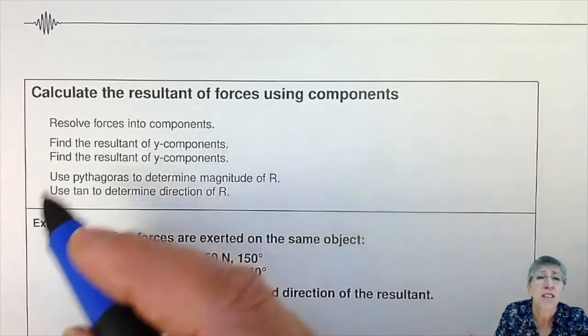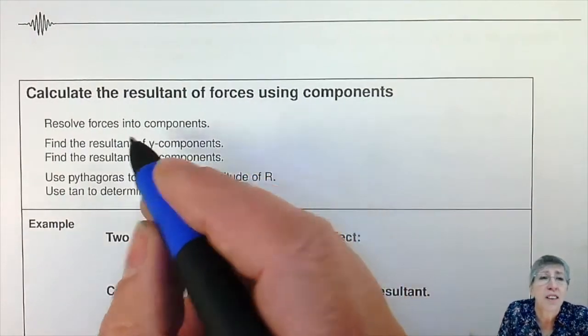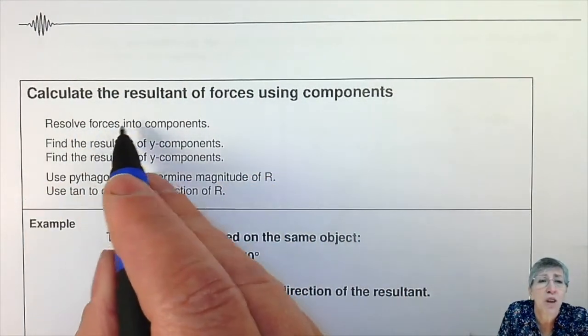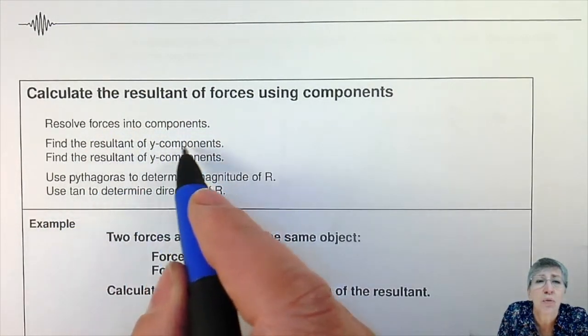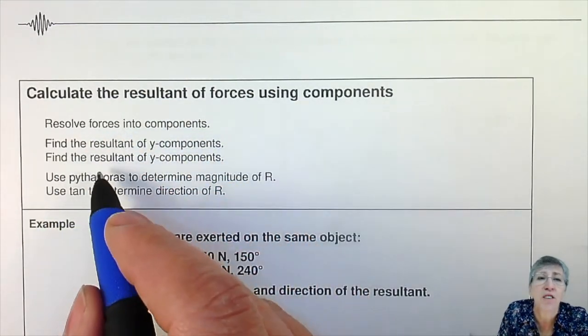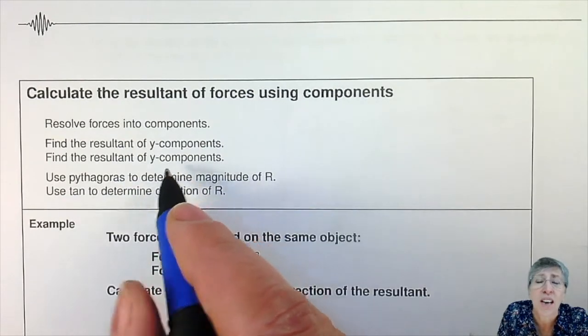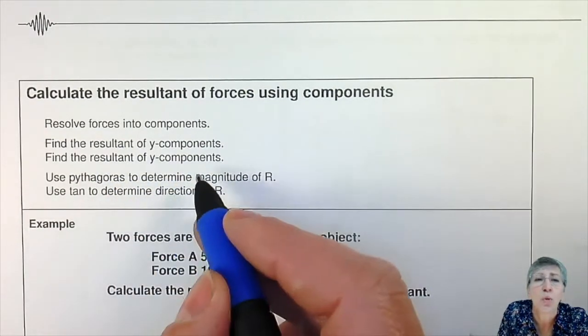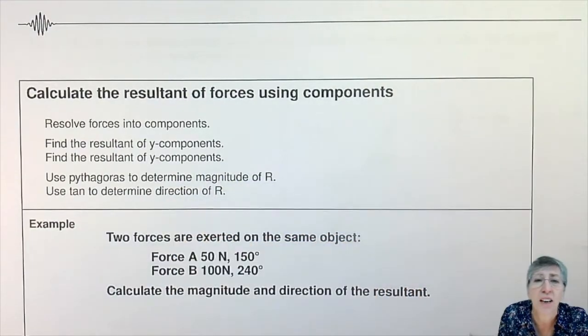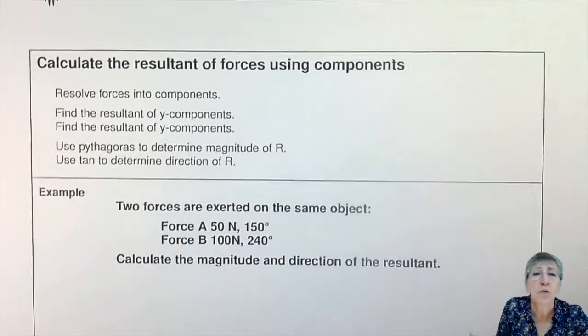So this is much more accurate. We're going to start by resolving the force into its components, then find the resultant of all the x components, then find the resultant of all the y components, and then we're going to use Pythagoras and the tangent to work out the magnitude and the direction. So let's start with this one.